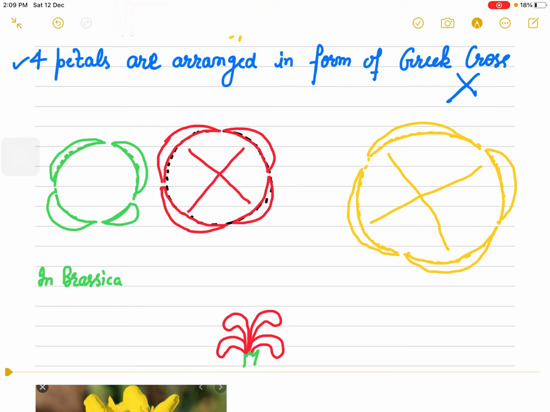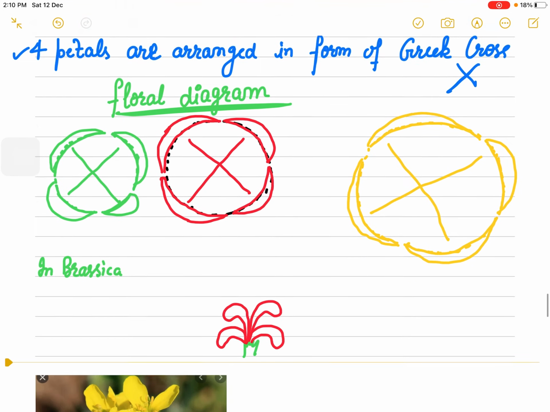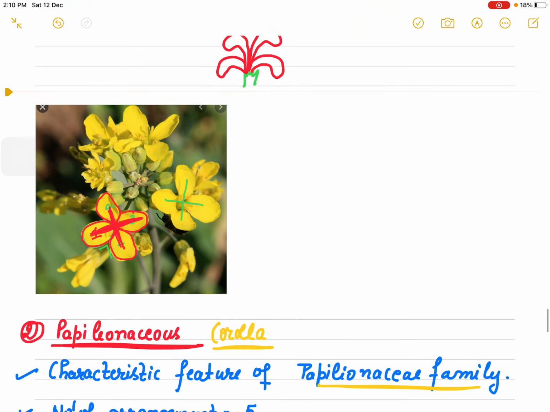This is the way to draw the petals, a perfect Greek cross, and that is the way to represent your petals in the floral diagram. So if any plant whose family has cruciform corolla, how many petals are we going to draw? 4. This is why we are using these terms, because our goal is to draw the floral diagram.